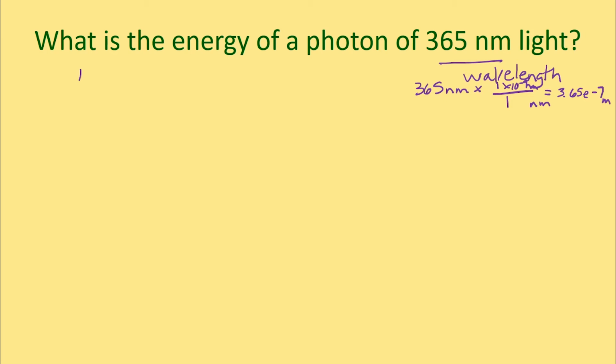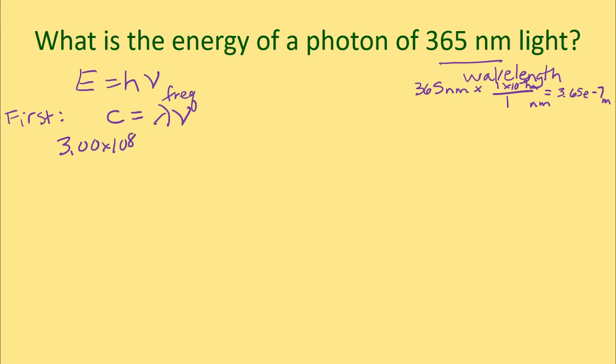Okay, so we know that the energy of light is Planck's constant times the frequency. Remember that Greek letter nu refers to frequency. And when we have frequency, we weren't given frequency, so our first step is going to be to convert wavelength to frequency. So I know that 3 times 10 to the 8th is the value of the speed of light. I know that the frequency times 3.65 times 10 to the -7 meters equals that.